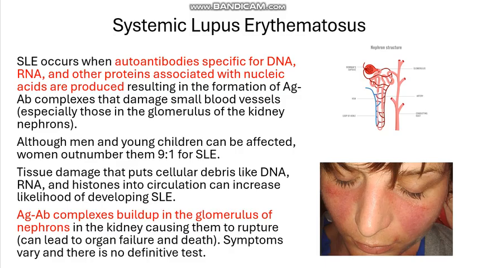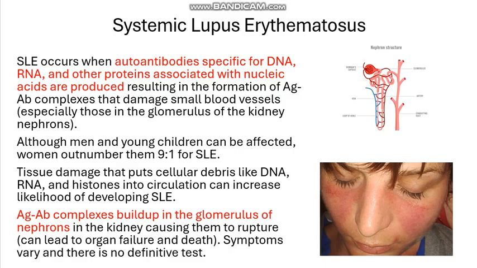The blood's traveling to the nephrons to undergo ultrafiltration, and within the glomerulus of these nephrons, the complexes are damaging capillaries, causing the glomeruluses to rupture and causing damage to the kidneys. So that's one of the main medical consequences of lupus. That can potentially lead to death, because you can eventually get organ failure of the kidneys, which is not good.